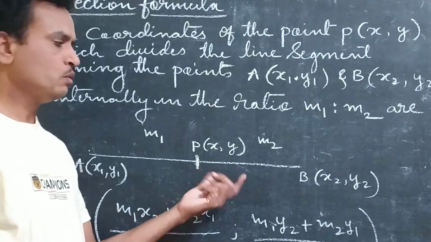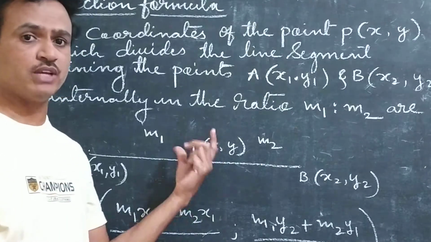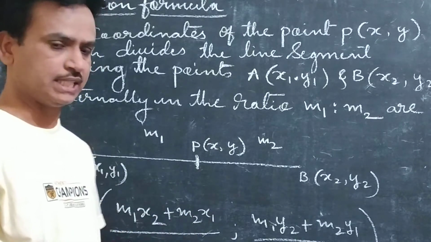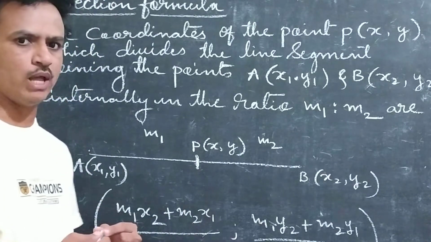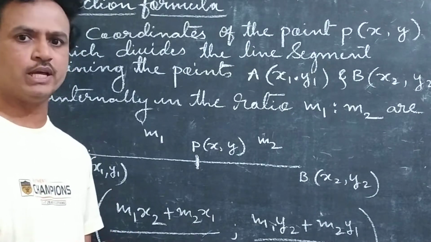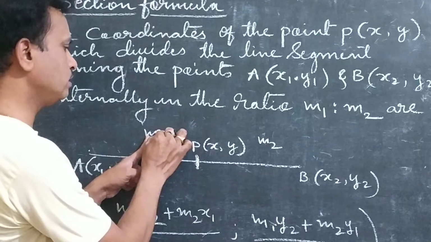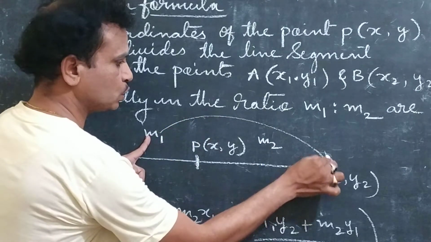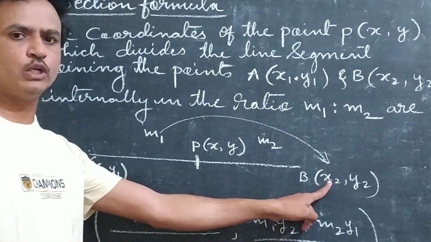So when this type of question comes, we have to use the section formula. How will we get the section formula? Let us see here. This is the section formula. I will tell you one easy method to remember the formula. First, m1 is there: m1 into x2.